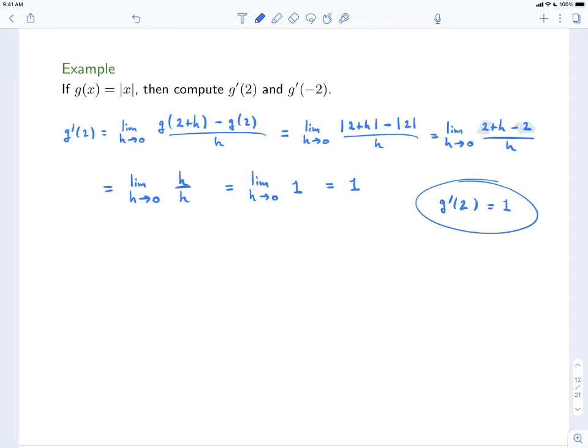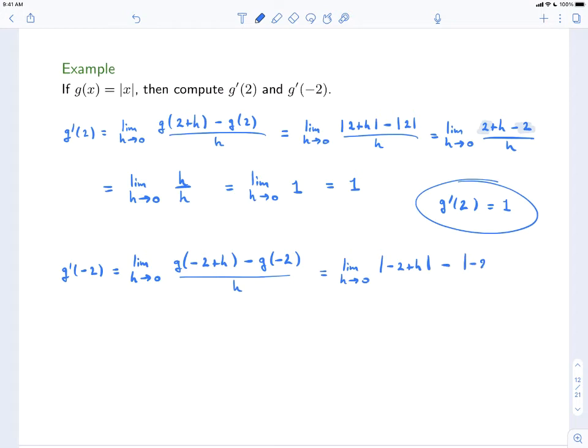Okay, what about g prime at negative 2? G prime at negative 2 is equal to, well, we compute it the same way. The limit as h goes to 0 of g at minus 2 plus h minus g at minus 2 divided by h. So this is equal to the limit as h goes to 0 of the absolute value of minus 2 plus h minus the absolute value of negative 2 over h.